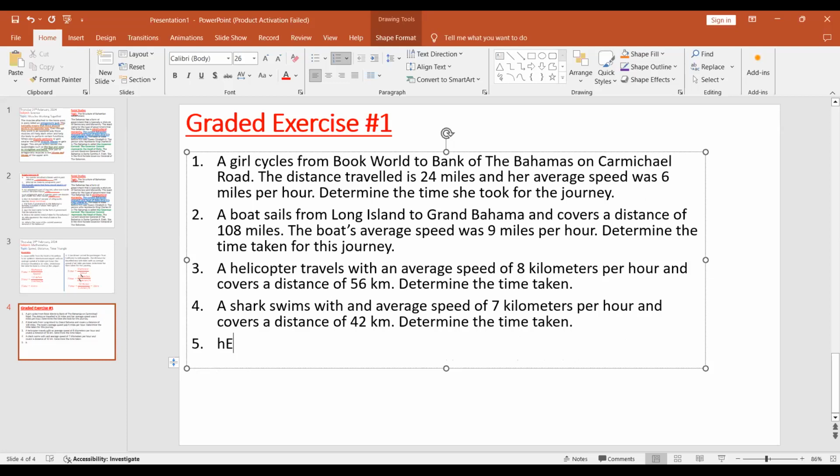Henry decides to drive from Texas to Atlanta.